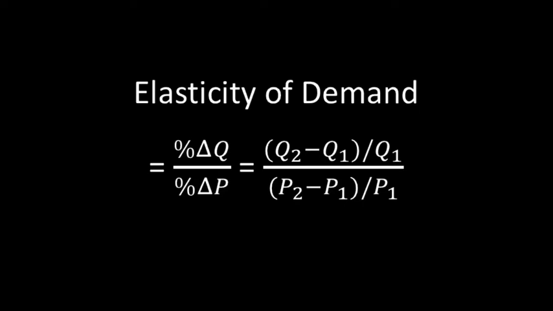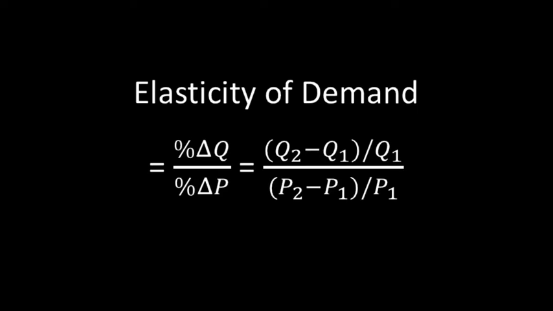Okay, one thing to note about the sign of the elasticity of demand, if the demand curve slopes down, that means anytime the price goes up, quantity goes down, and in reverse. So anytime price goes down, quantity goes up. So because price and quantity are the numerator and the denominator, that means the numerator and the denominator are always going to have opposite signs.